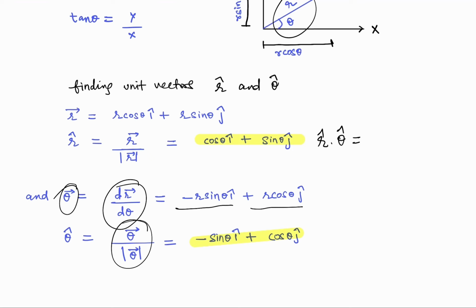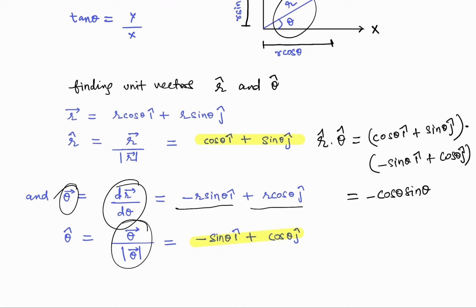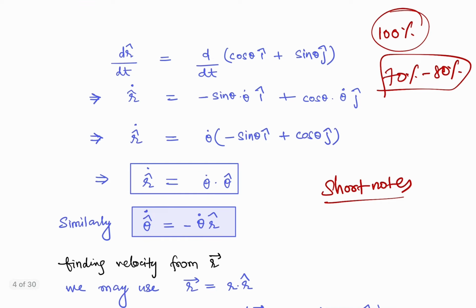So let us do it. r cap is cos theta i cap plus sin theta j cap, dot product with minus sin theta i cap plus cos theta j cap. When you take the dot product, you get minus cos theta sin theta, since i cap dot i cap is 1, plus sin theta cos theta, since j cap dot j cap is 1. So you get that it is going to be 0. So this is verified. We are going to use the same concept now again for the spherical polar coordinates.